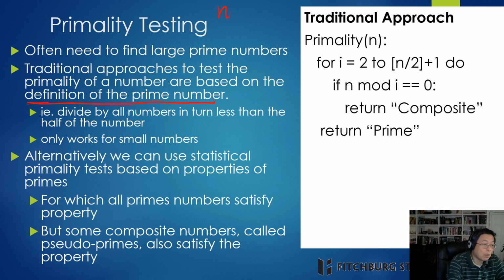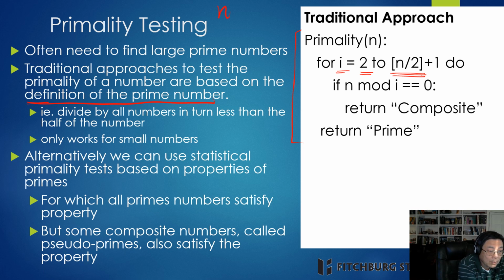On the right, we provide this pseudocode to test whether n is a prime number. We do a loop for i from 2 to half of n, using floor division, plus 1.